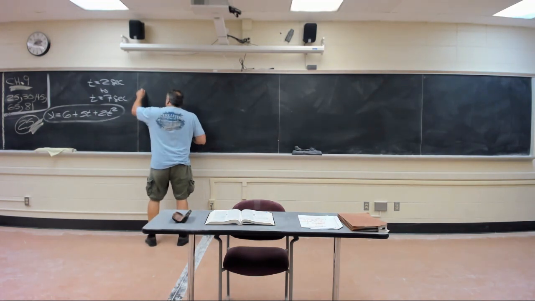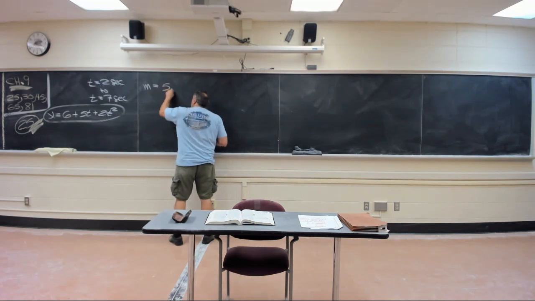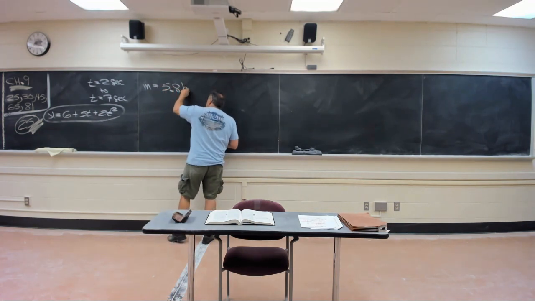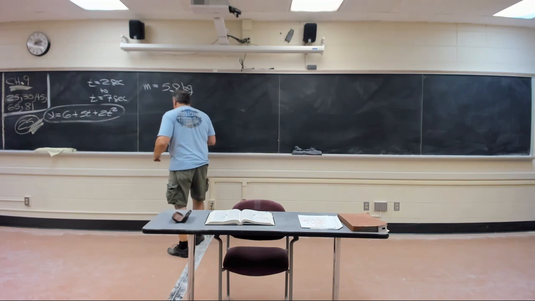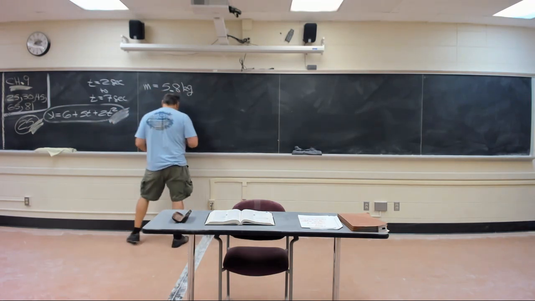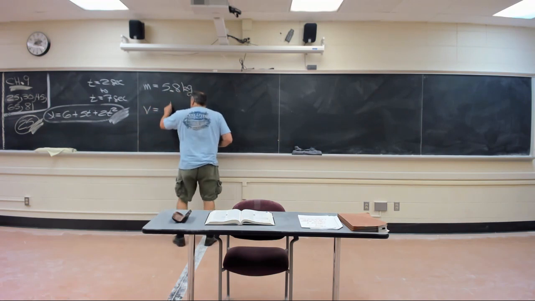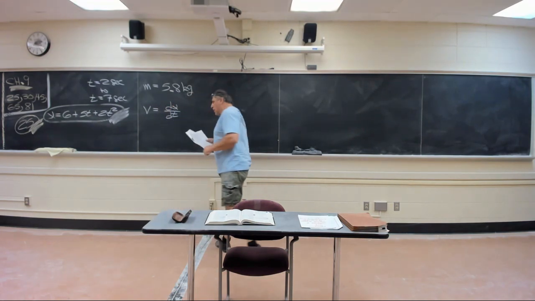M is 5.8 kilograms. We are told this for x, which is interesting because if that's the case, v is going to be dx/dt. Now they're telling us it's going along the x-axis.